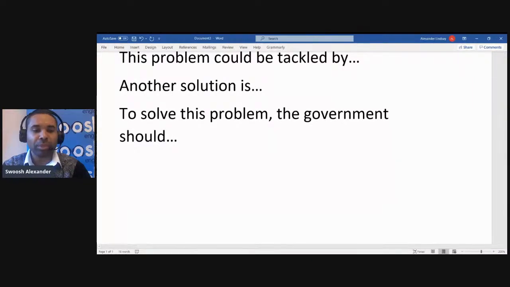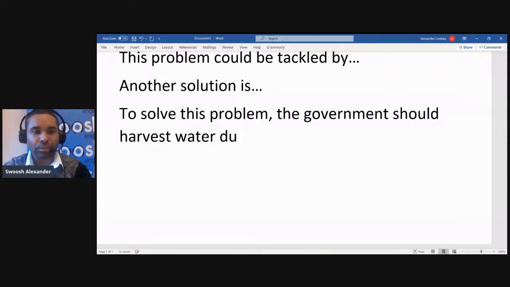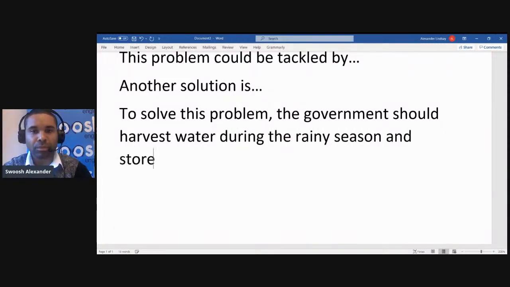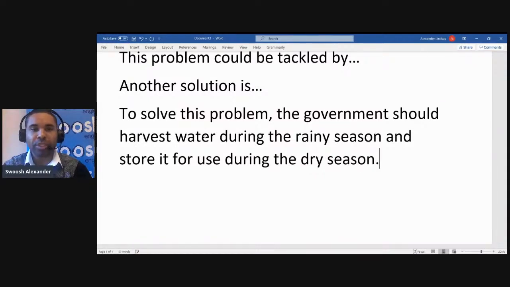But to solve this problem, the government should harvest water during the rainy season and store it for use during the dry season. Okay, so that's a really good solution.